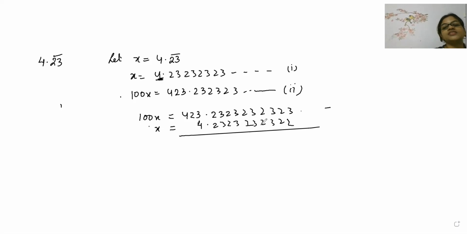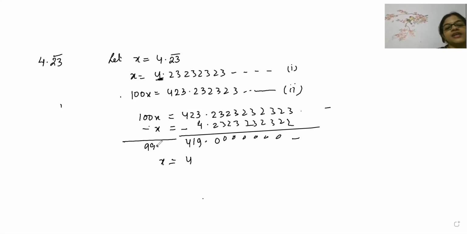So now all will be exactly 0, 0, 0, 0, 0, 0, 0, 0 will come. But here 23 minus, so it will become 419. So x is equal to, beta, you have to minus 23 minus 4. So 19. So it will become, and here this one will become 99x. So 419 by 99.